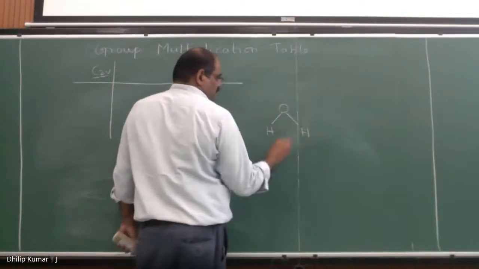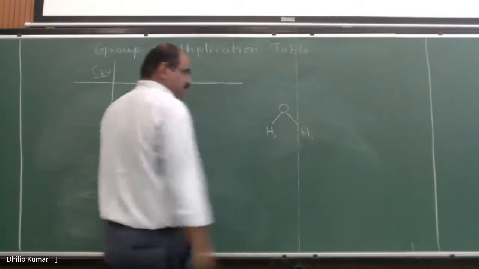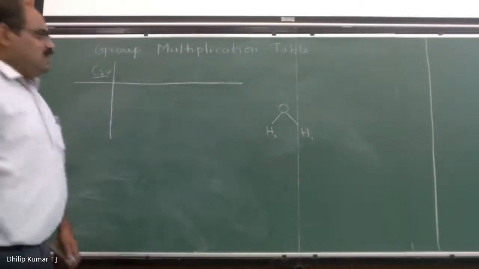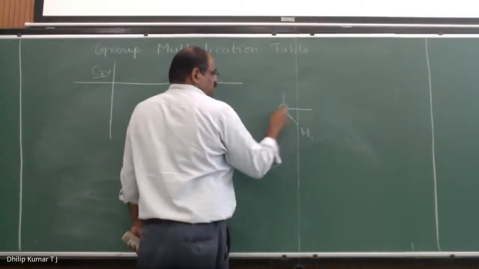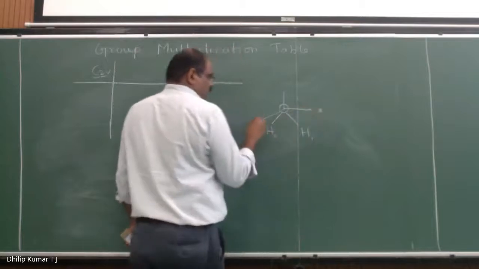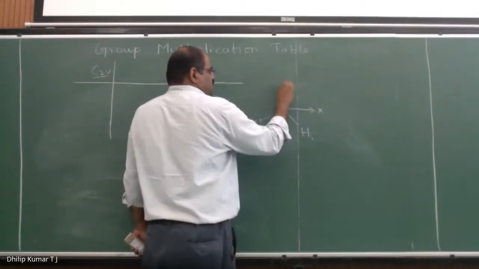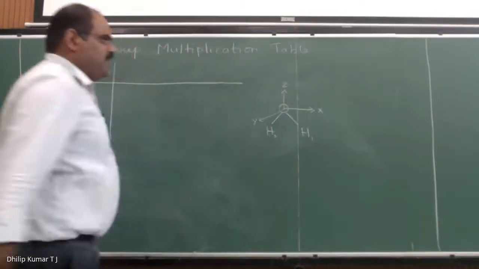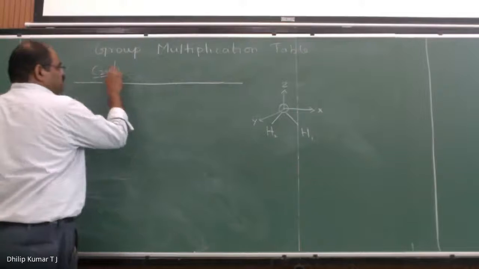I label this molecule's atoms as H1 and H2. The axes I define as X, Y, and Z. So this is X, this one I call Y, and this one Z. Water has three symmetry operations, and its point group is C2V.